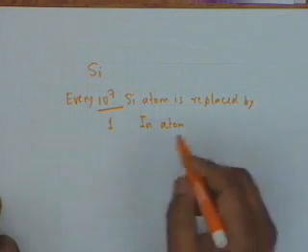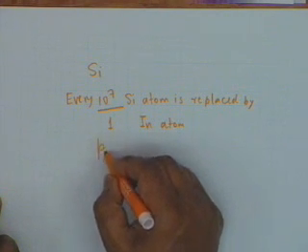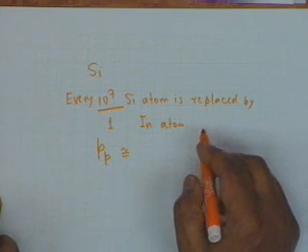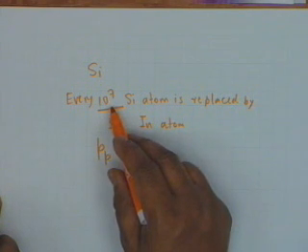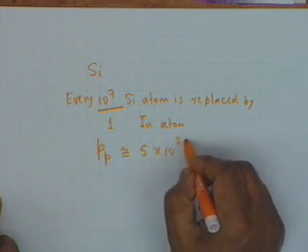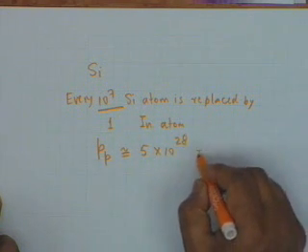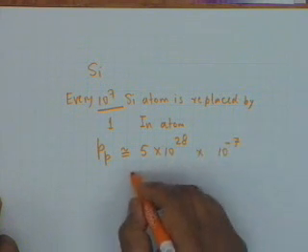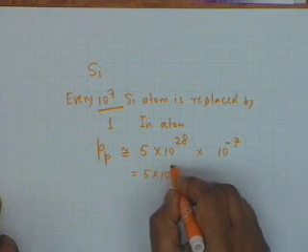Now this makes p approximately equal to every 10 to the 7. Now what is the concentration of silicon? It is 5 times 10 to the 28 multiplied by 10 to the minus 7, which is 5 times 10 to the 21.